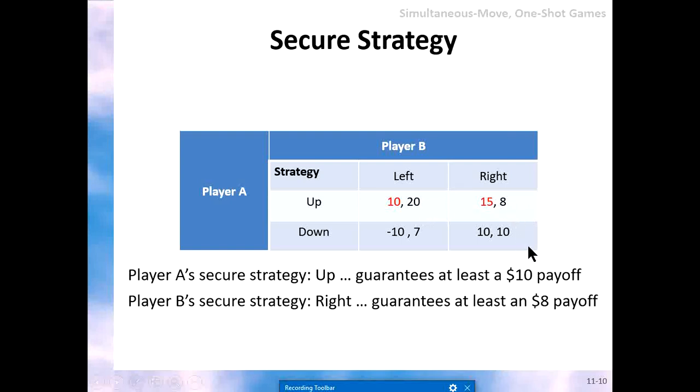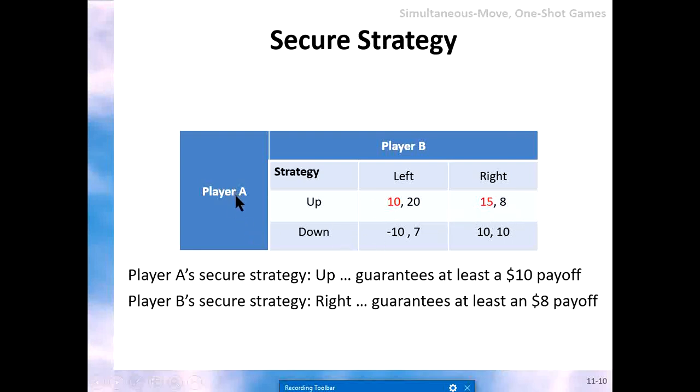But if player A plays down, he may get 7 or 10. If he chooses left, he gets only 7, but if he chooses right, he will get 10. So the secure strategy that guarantees him the highest payoff in the worst scenario is 8, whatever player A chooses. This is the worst scenario he can get.